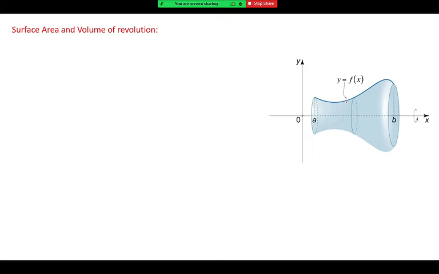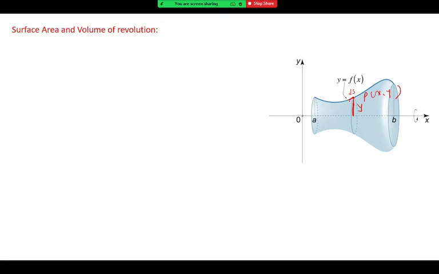Suppose we take any point P(x, y) on that curve. What about this vertical height? It is y. And suppose this ds is a very small arc length.